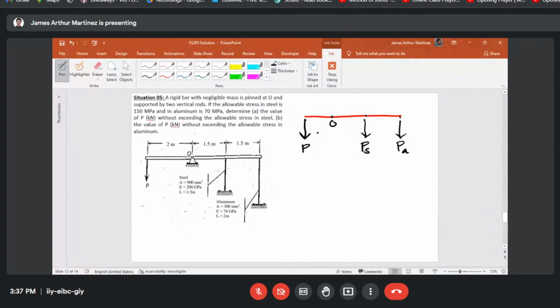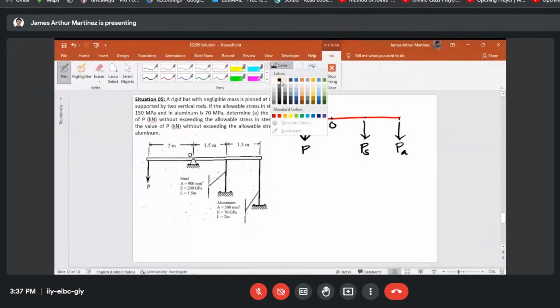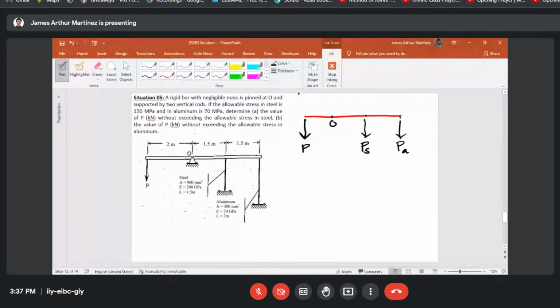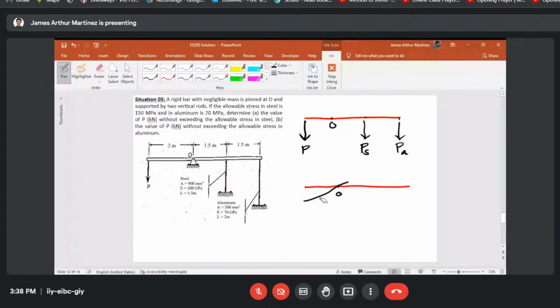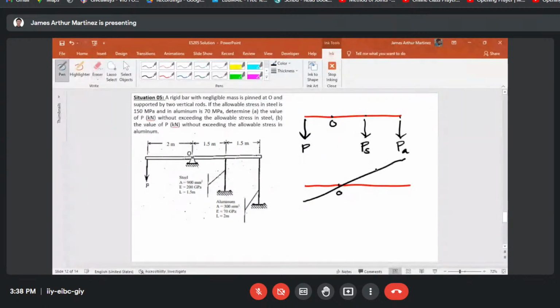So, dapat class, ang figure is on the deformation. Wait ha. Hindi siya makopy as a whole. So, if this is the rigid bar, and then point O, if we apply force P here, your rigid bar will rotate in this manner. So, naa si point O. Di ba?